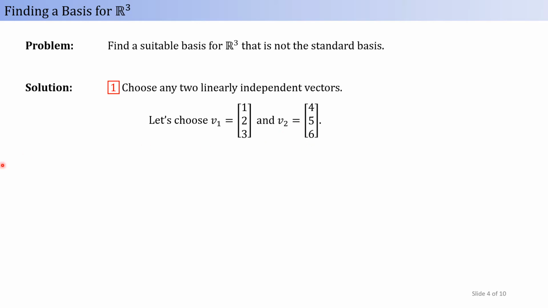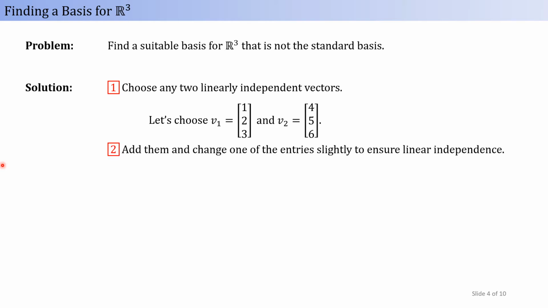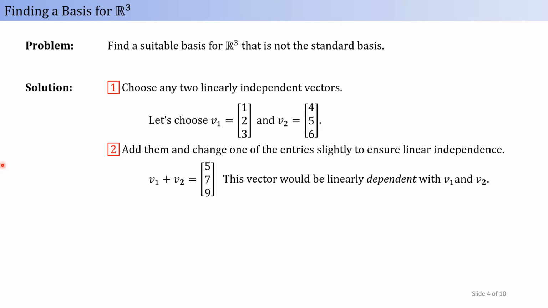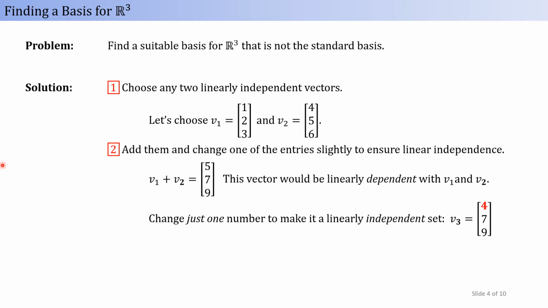So now it's a matter of coming up with the third vector and making sure that it's linearly independent. So we play this kind of algebraic trick. We add them, but if we add them, the result is actually linearly dependent. So the way to make it independent is you tweak one number.